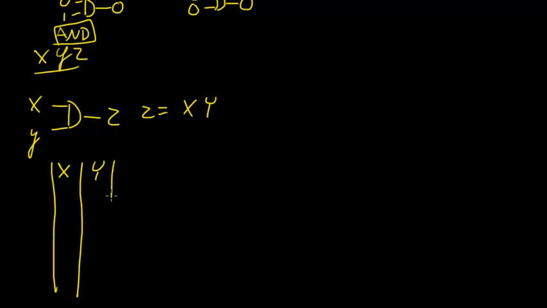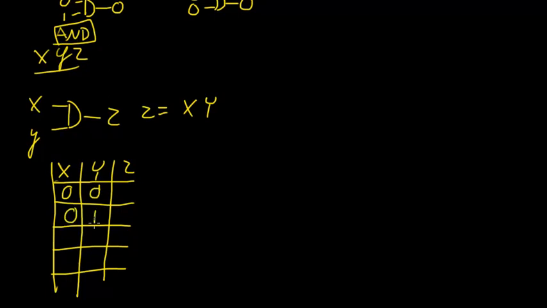We're going to make a simple table, and we actually have Z for our output. Okay, and basically you create your truth table, and we're going to mark out our truth table. So if X is 0, and we count in binary, so it's 0, 0, 0, 1, 1, 0, 1, 1.